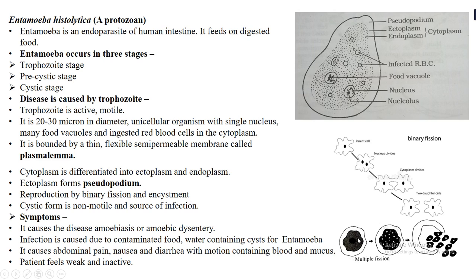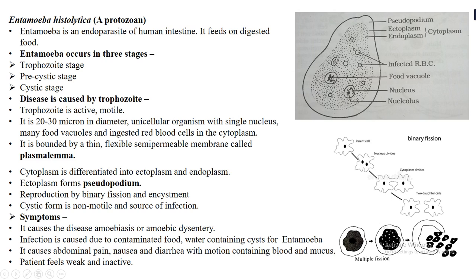Under unfavorable conditions, Entamoeba will lose all the water and start forming a cyst in the body. And when favorable conditions occur, the cytoplasm and the plasma lemma will break, and all the cysts will come out, and then they act as the main parent cell. So this is by multiple fission, and this is the binary fission. So reproduction can be done in two ways.